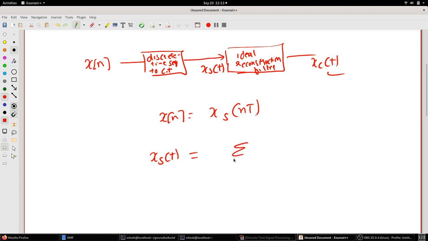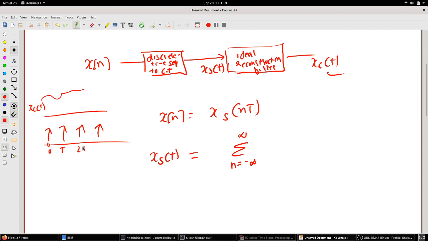What we will do is summation n equal to minus infinity to infinity. So here we have started off with xc of t, and then we sampled it at these instances, which is like 0, t, 2t, 3t, and we got this.